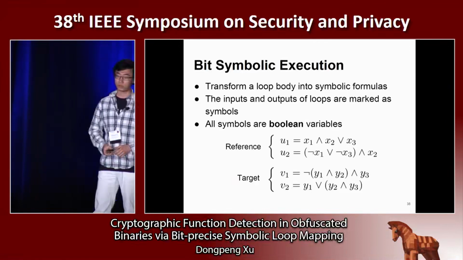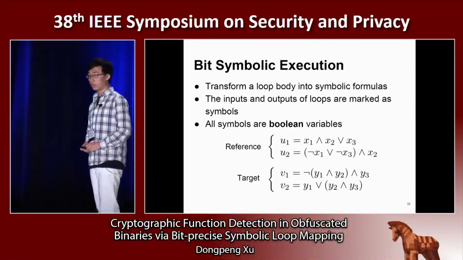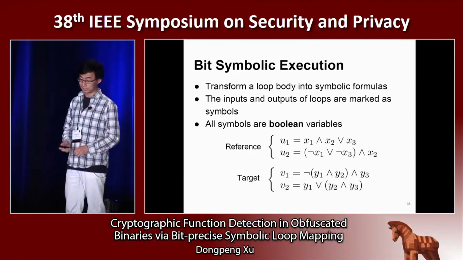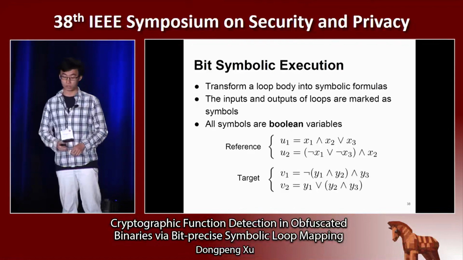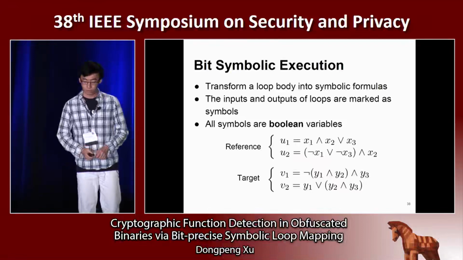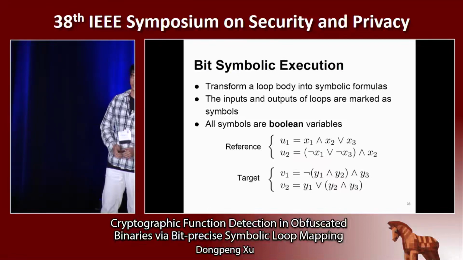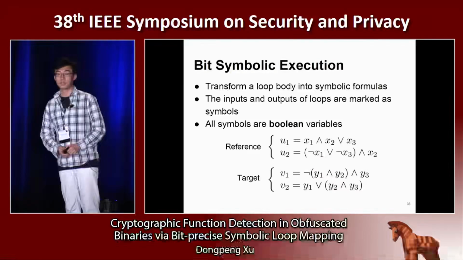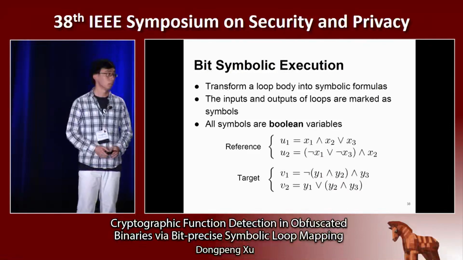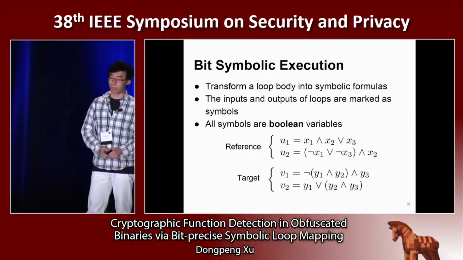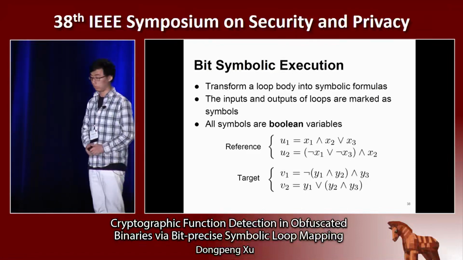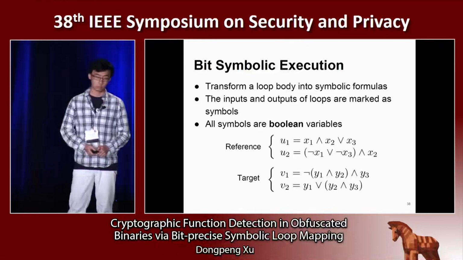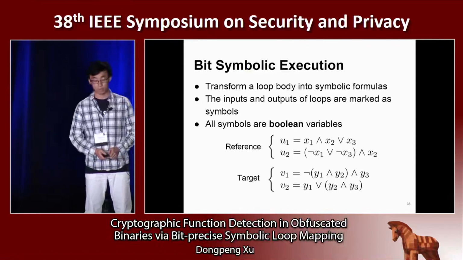For example, here we need to know which input variable in the reference formula is exactly the input in the target formula. One simple way is just to do a permutation to try different possibilities. But since in our formula all the variables are Boolean variables, there are usually hundreds of them. So simple permutation will cause a performance problem.